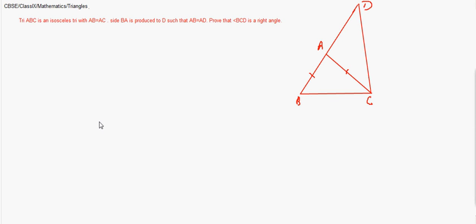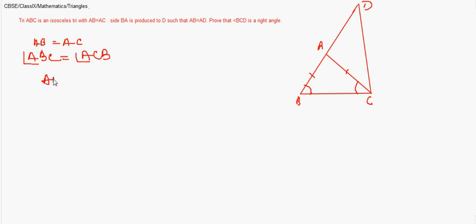How do we do so? We have to show BCD to be 90 degrees. Let's see. In triangle ABC, AB is equal to AC, therefore angle ABC is also equal to angle ACB. These two angles opposite to equal sides will be equal.